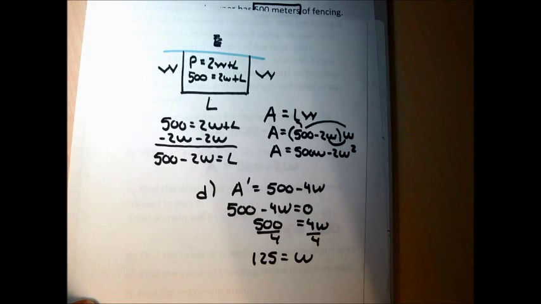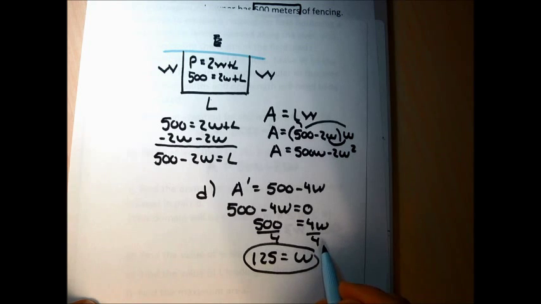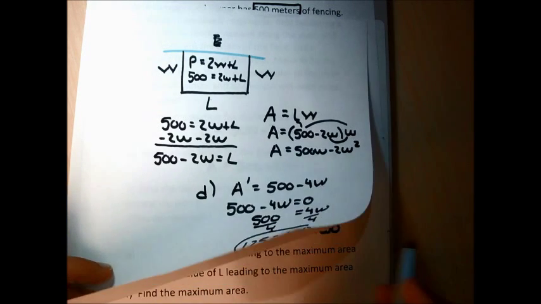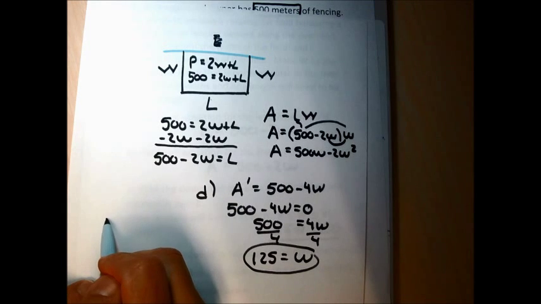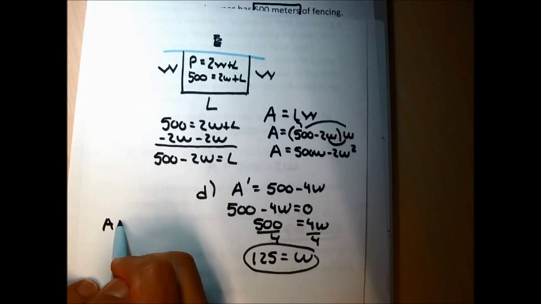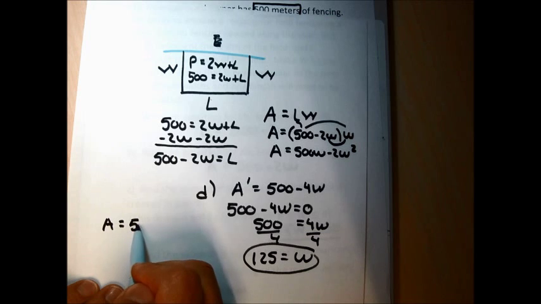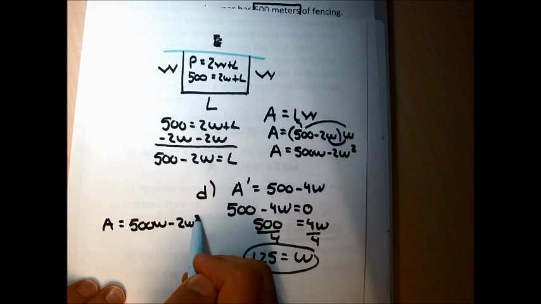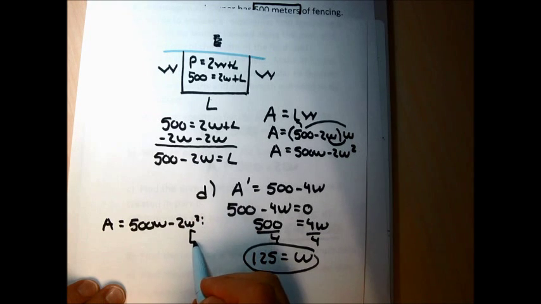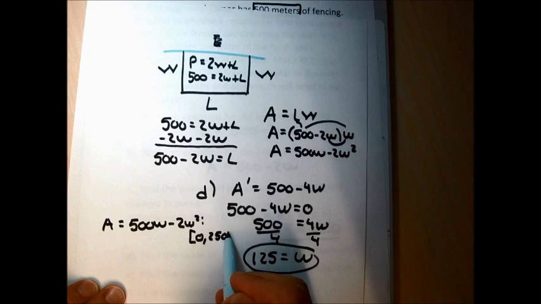So what I have is a critical value, and in addition to my critical value, I have a domain restriction. So really, my original function, if it was given to me like the last problems, would have been written like this: area equals 500W minus 2W squared, and next to it, the domain is 0 to 250.